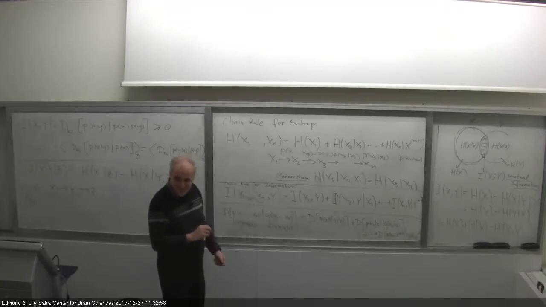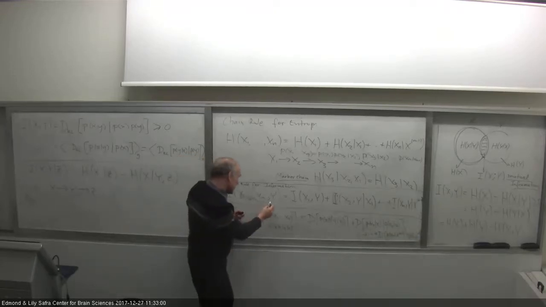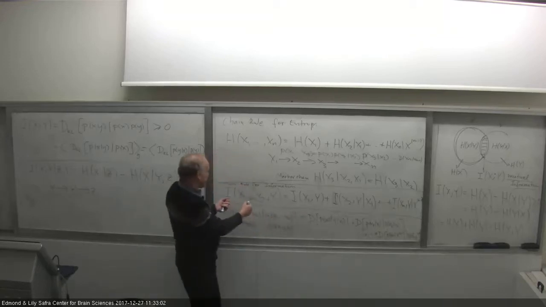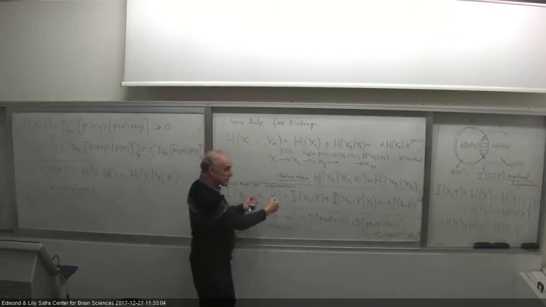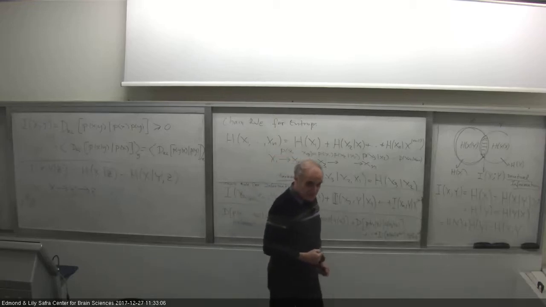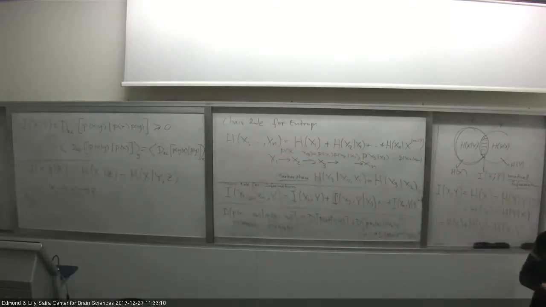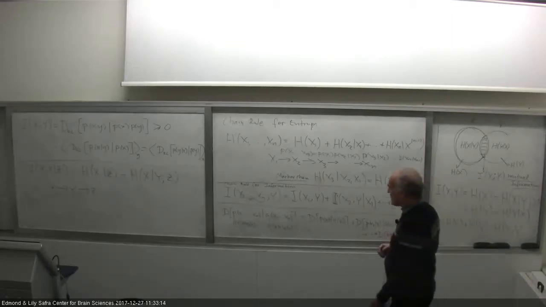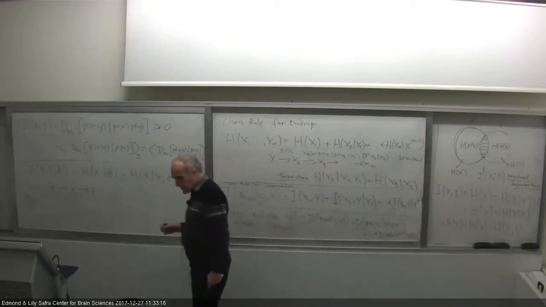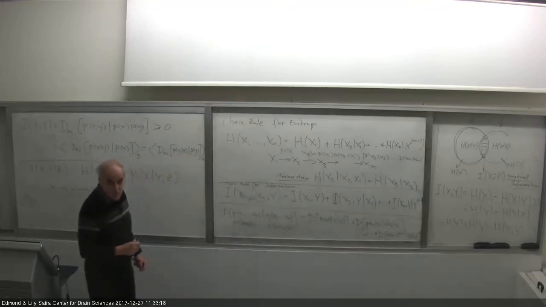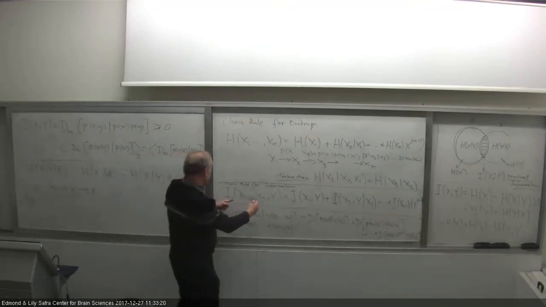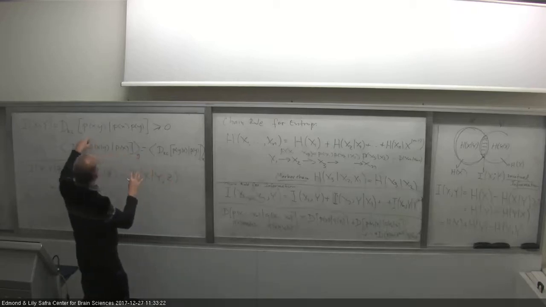Then y is also going to be a sequence, and then I can ask what is the mutual information between a sequence and another sequence. This actually turned out to be an important quantity. This is precisely what we're going to see when we use channels, a key fundamental quantity in communication theory, in the channel theorem.